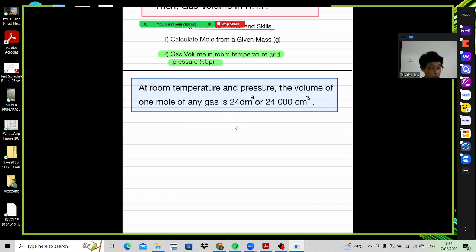At room temperature and pressure, the volume of 1 mole of any gas, whatever that gas is, ammonia, oxygen, nitrogen, or sulfur dioxide, each 1 mole of any gas will occupy this much volume.